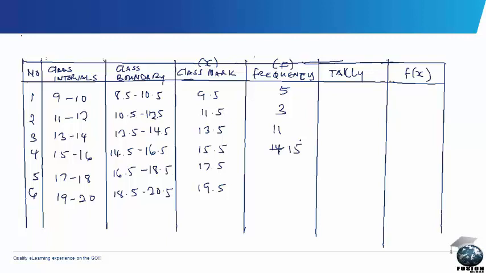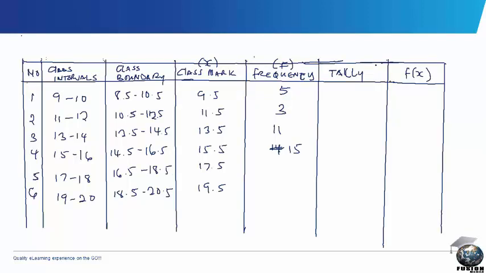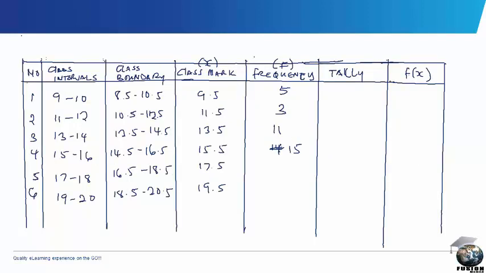Okay, I can see one other number belonging to 13 not being cancelled, and 12 to 13 belongs to that group. 13 to 14, we have 1, 2, 3, 4, 5, okay, 6, 7, 8, 9, 10, 11, and this making it 12. Okay, not 11 but 12 is the frequency.